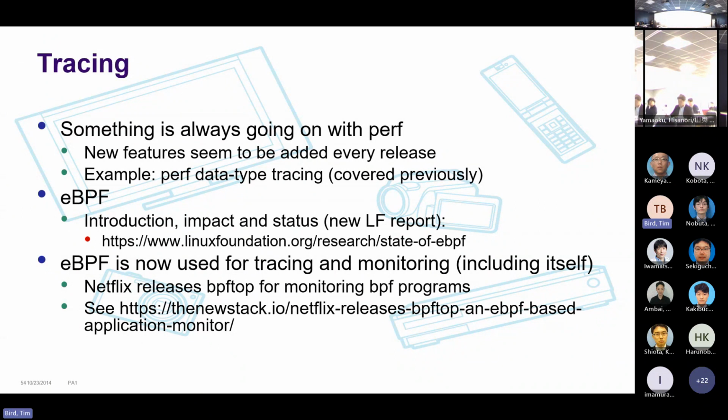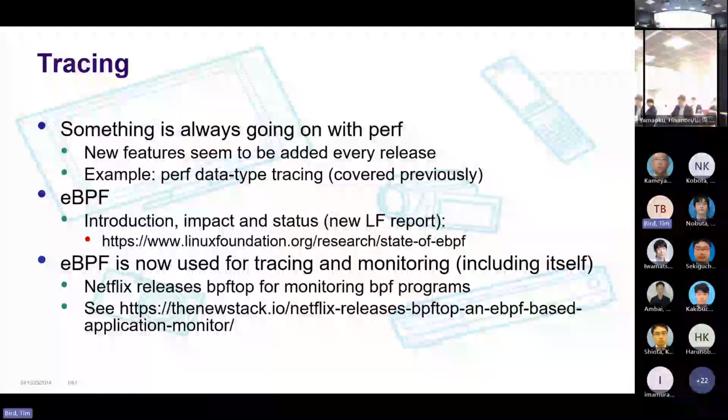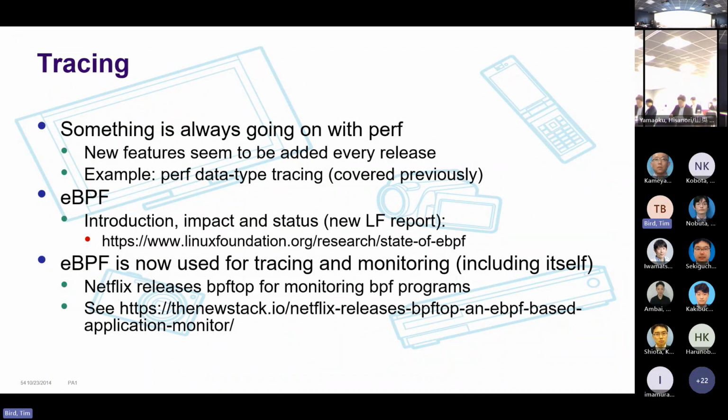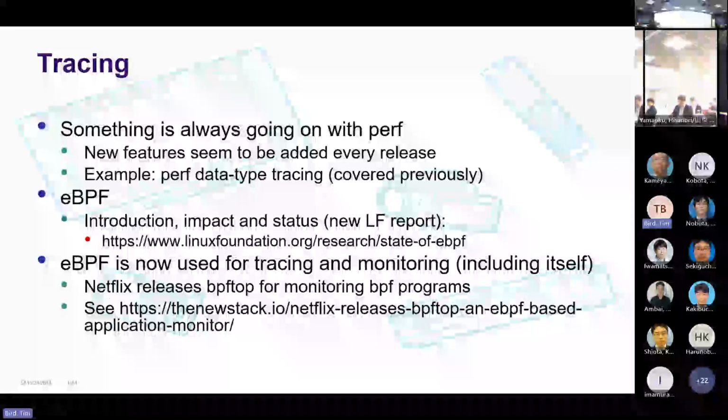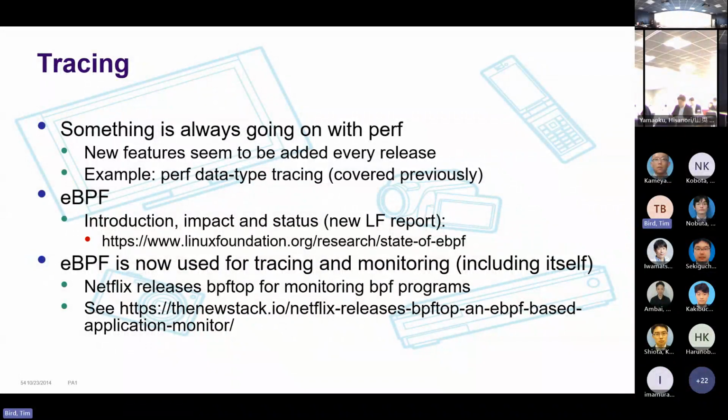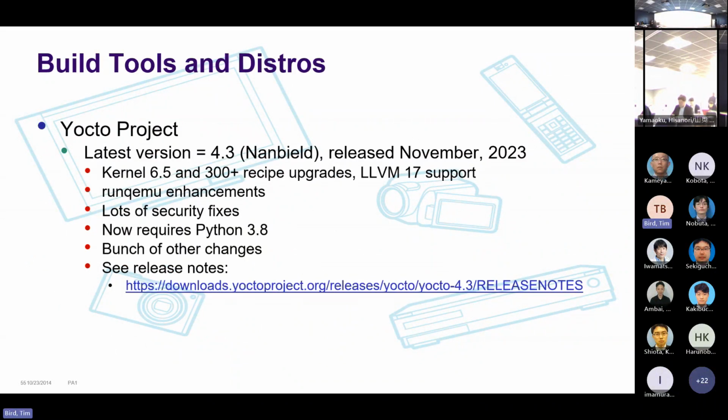If you're new to it or you need some convincing, go to this webpage and learn about it. In terms of news about eBPF, you can use it for tracing and monitoring, including itself. Netflix has released a new program called bpftop for monitoring BPF programs, so you can use BPF to monitor all the other BPF programs running on your system. I don't know how many embedded people are using BPF, but anyway.